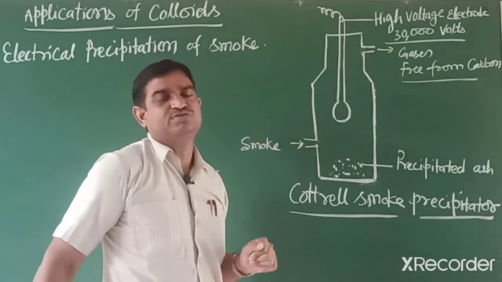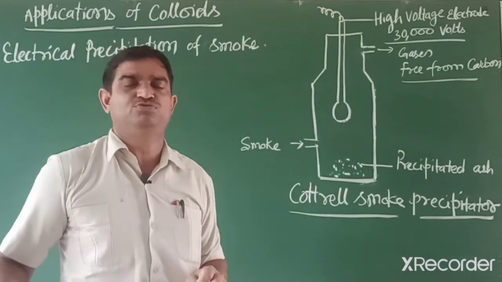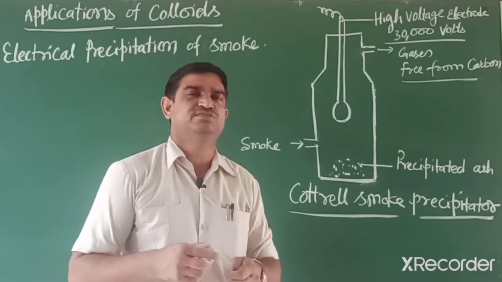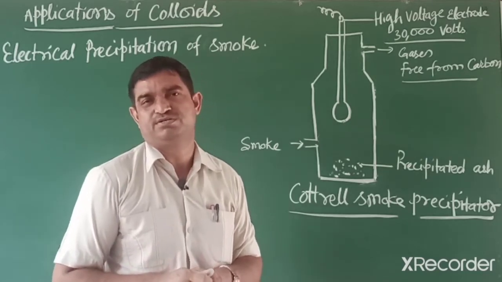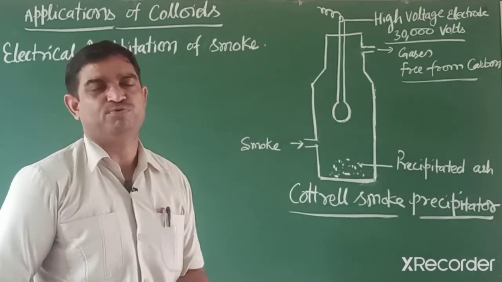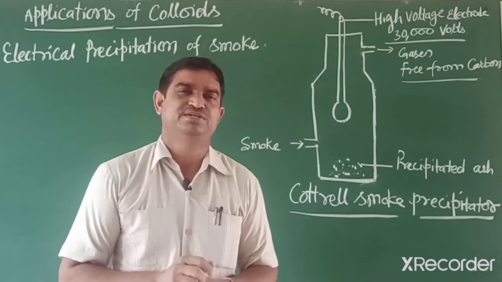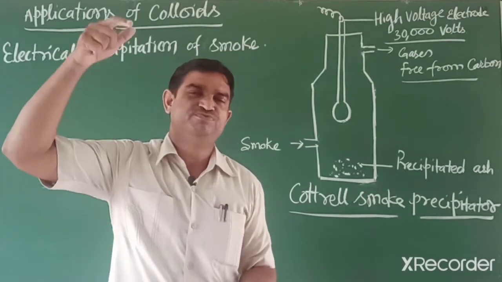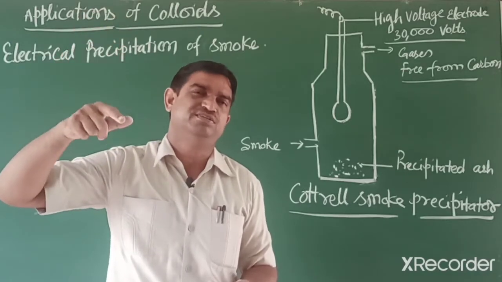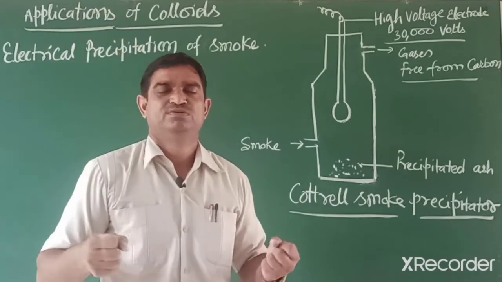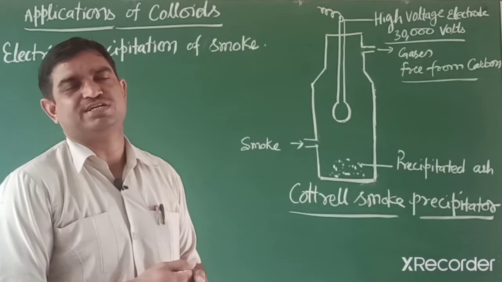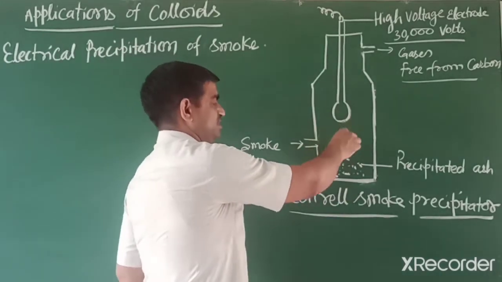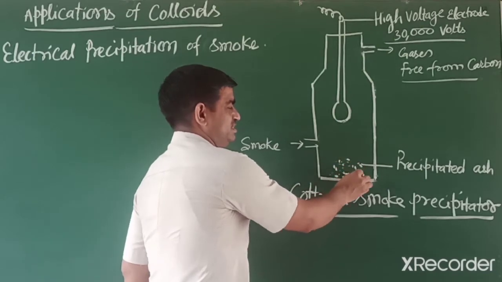That electrode is connected through a high voltage wire, needing more than 30,000 volts. We know the polluted particles, meaning carbon particles, have either positive or negative charge. So we fit the electrode with that charge, and when the particles move, they strike that electrode and are coagulated. So carbon particles precipitate out as soot.